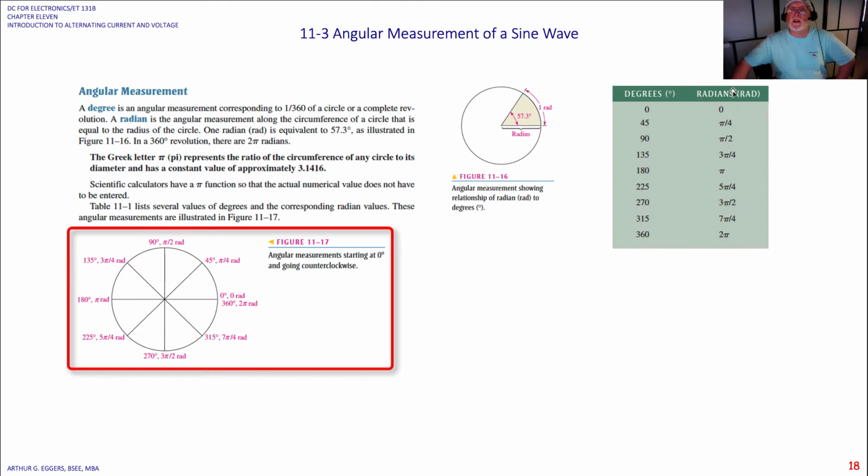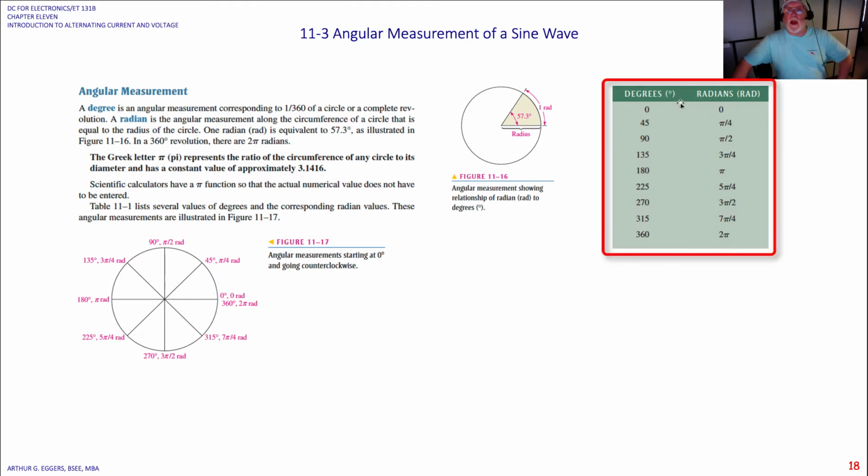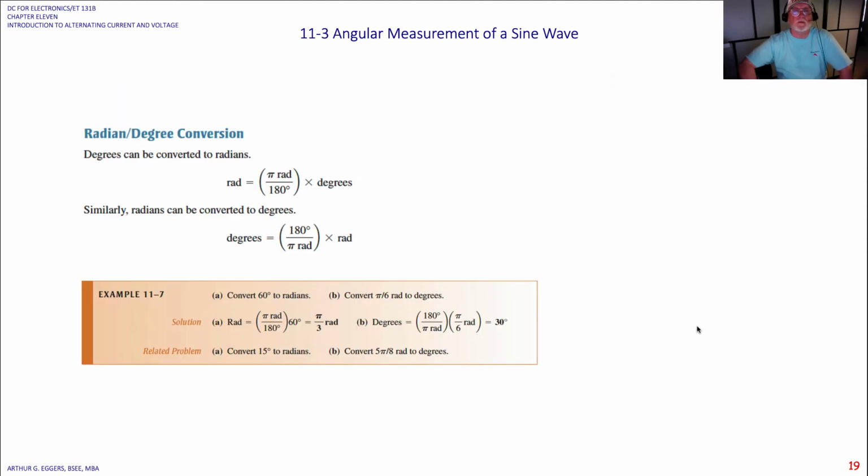You can see from the diagram on the right the degrees to radians relationships for common angles. We're also going to see that we can do interval relationships, those that are not necessarily common. So how do we do that? Well, we create what's called a radian to degree conversion.